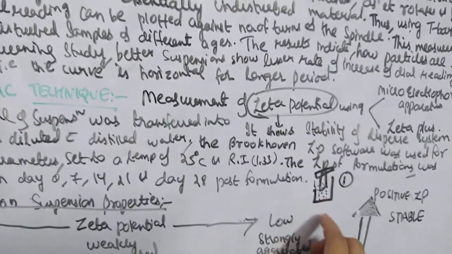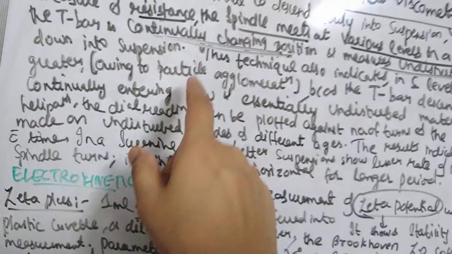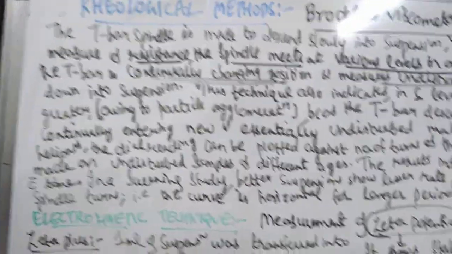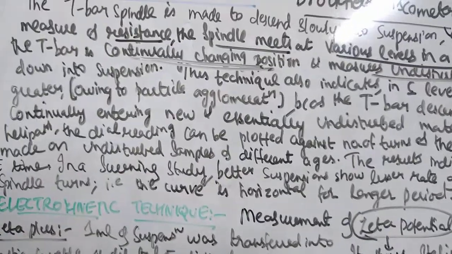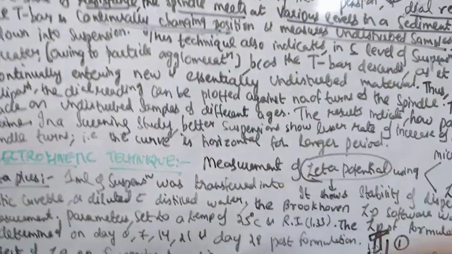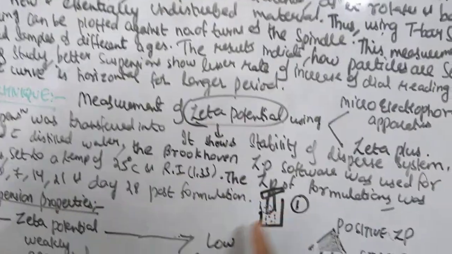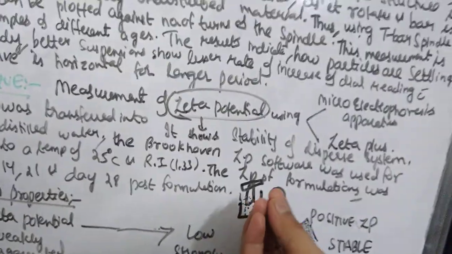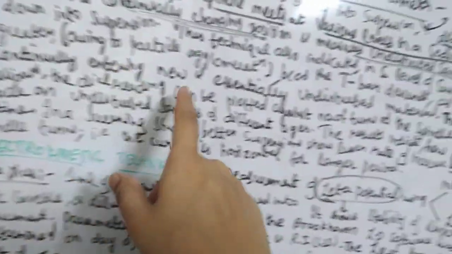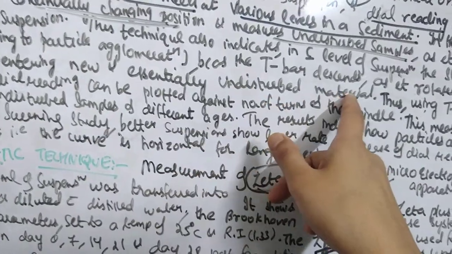Why will the structure of particles be greater? Owing to particle agglomeration. So this technique indicates at which level of the suspension the structure is greater due to particle agglomeration, because the T-bar descends as it rotates. As it rotates, the T-bar descends downwards into the suspension and continually enters new and essentially undisturbed material.